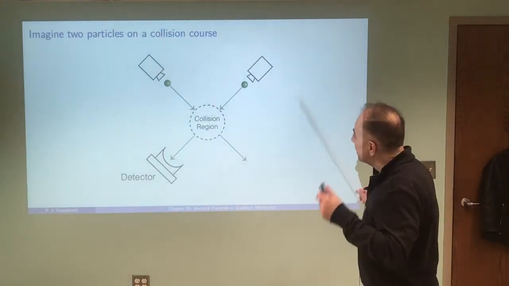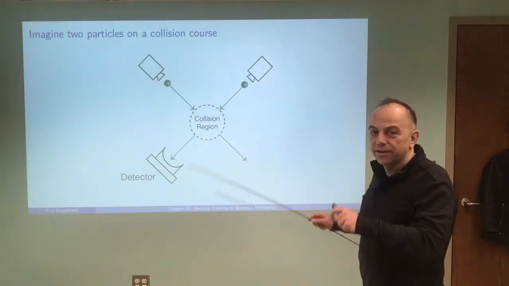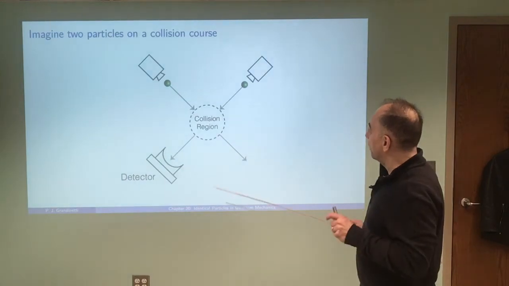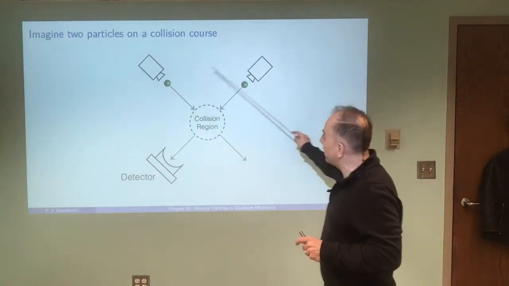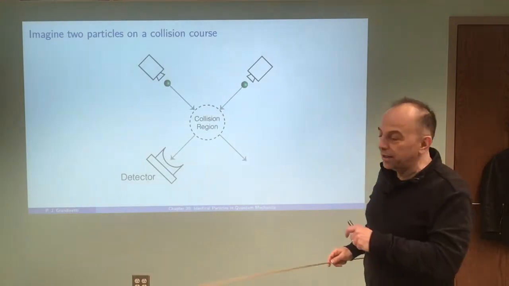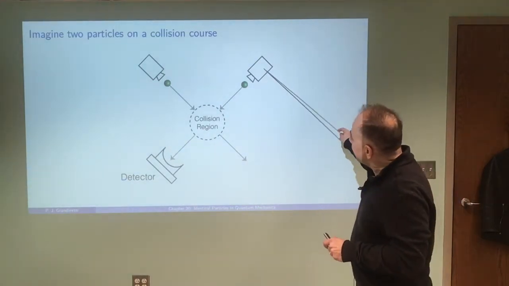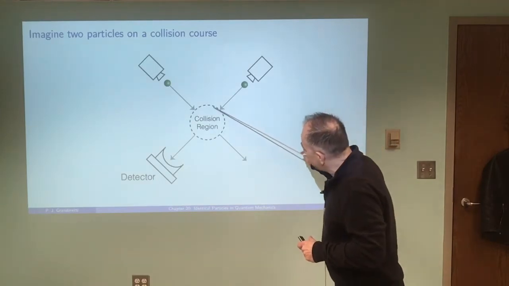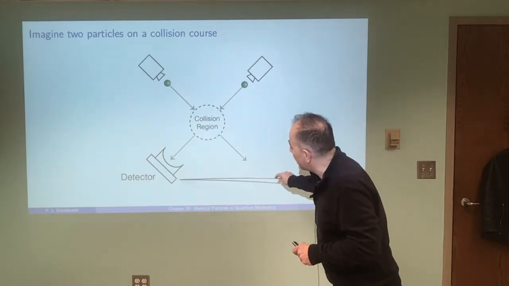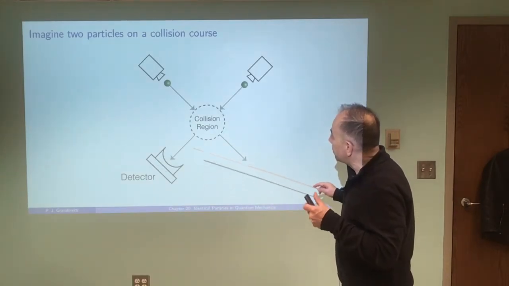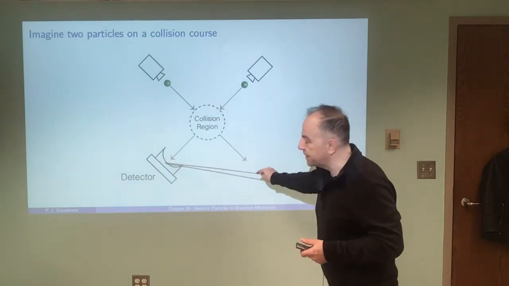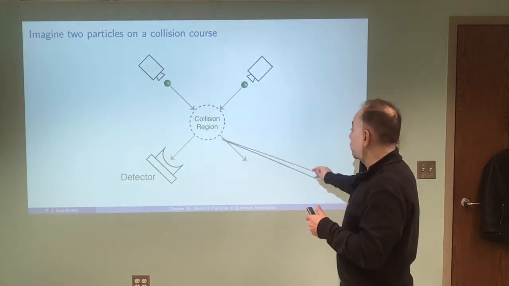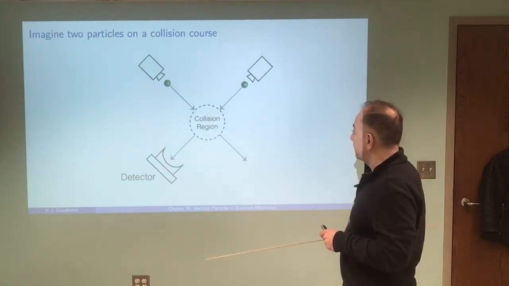So let's imagine this basic scenario, whether this is a classical physics problem at the moment. Let's imagine you have two bowling balls that are being fired out of bowling ball guns, and as they get fired out of these bowling ball guns, they have a detector on the other side over here, and what you want to know is which one of these two bowling balls hits the detector and which one goes out and doesn't hit the detector.